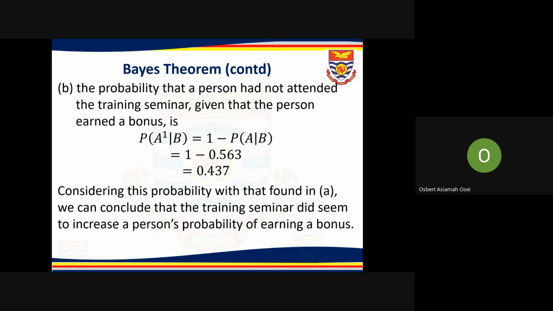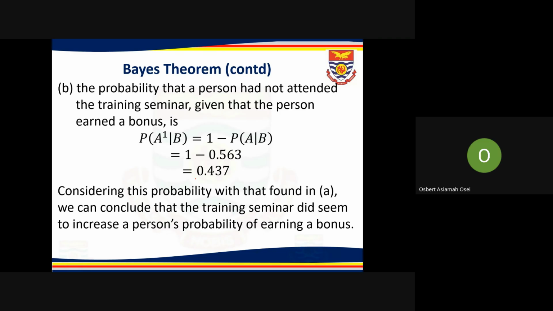We find the probability that the person did not attend the seminar, given that the person earned the bonus. To do that, you merely subtract the probability of attending the seminar, given that you have earned the bonus, from 1, and you get 0.437.